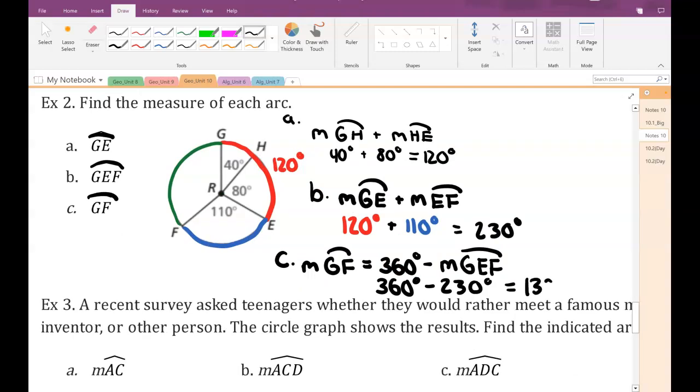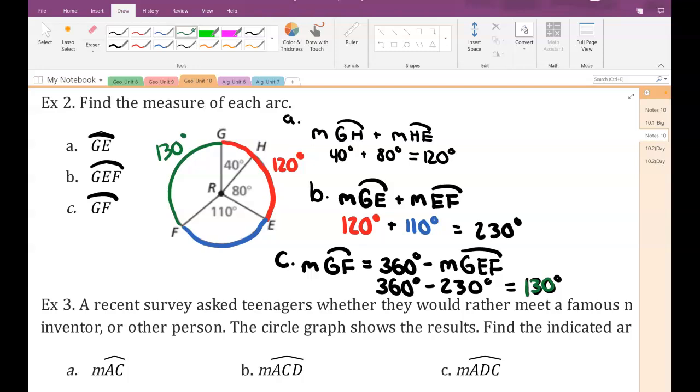So then we get that this green arc over here is 130 degrees. So again, just adding, subtracting, recognizing what's going on, major versus minor.